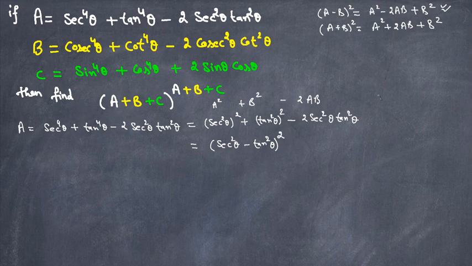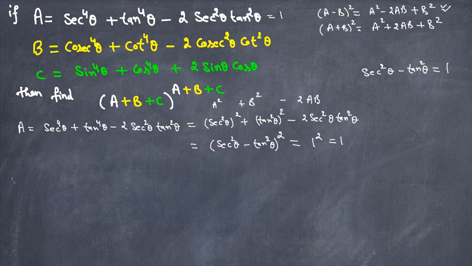And from trigonometry identities, we know secant square theta minus tangent square theta is equal to 1. So basically the function inside the parentheses is equal to 1 and then square, that gives me 1. Alright, so the value of a is just 1.